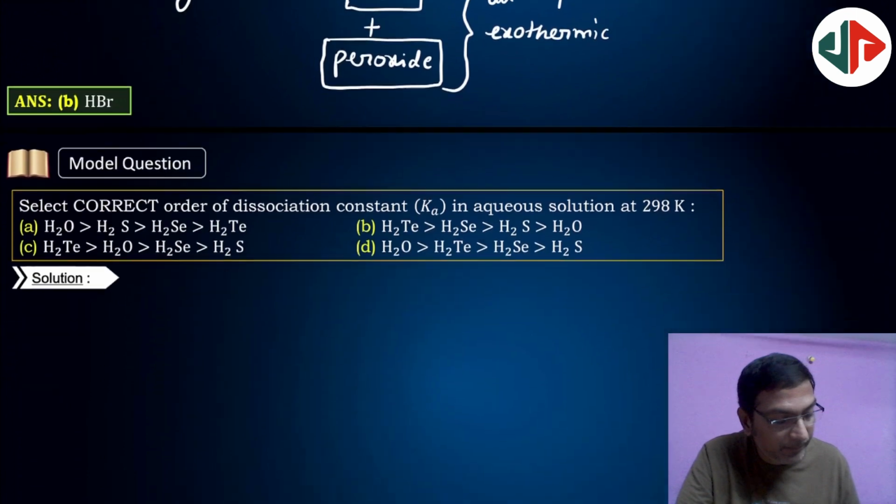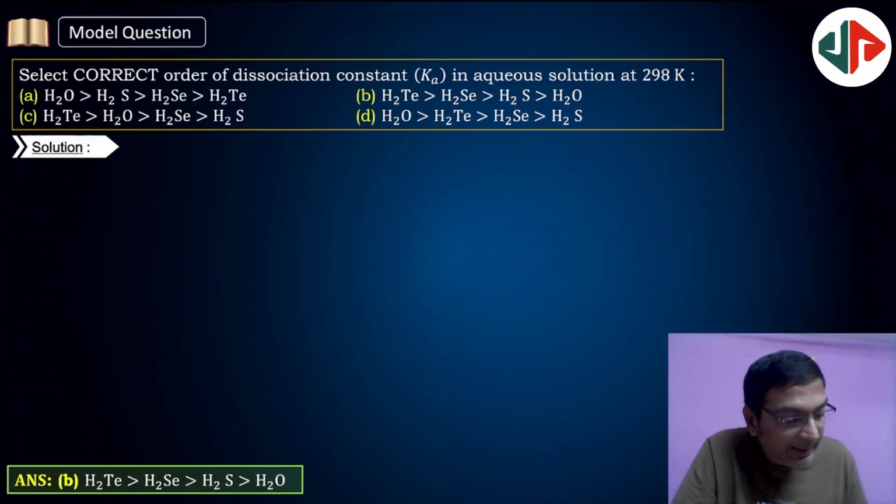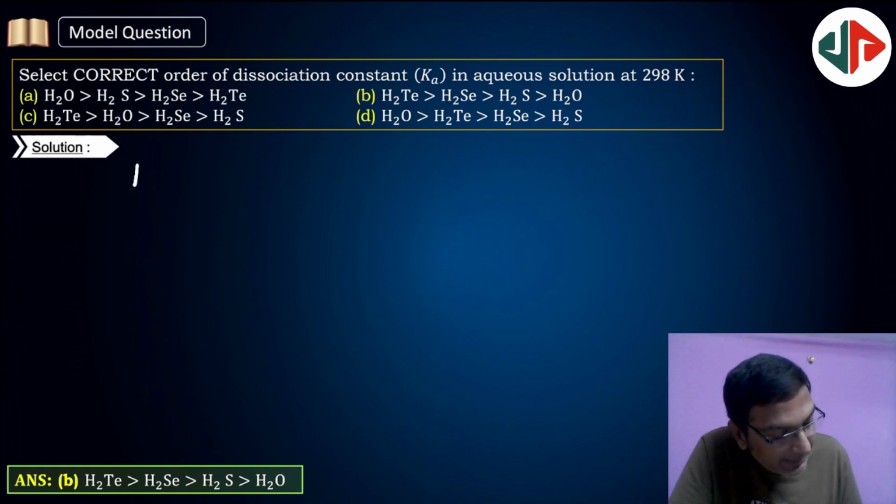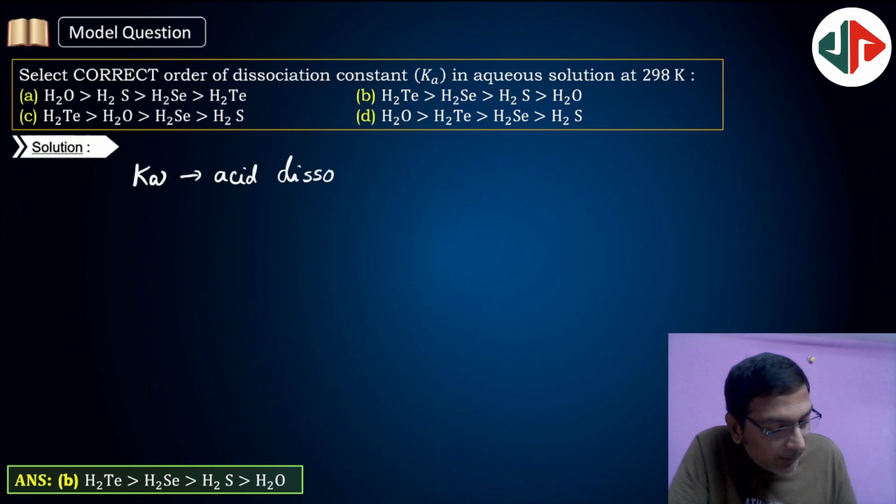Next, select the correct order of dissociation constant in aqueous solution. Dissociation constant Ka. That means Ka is the acid dissociation constant.